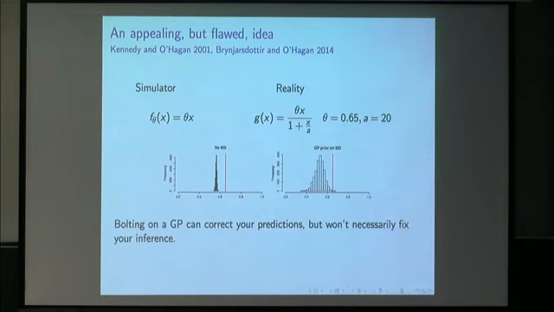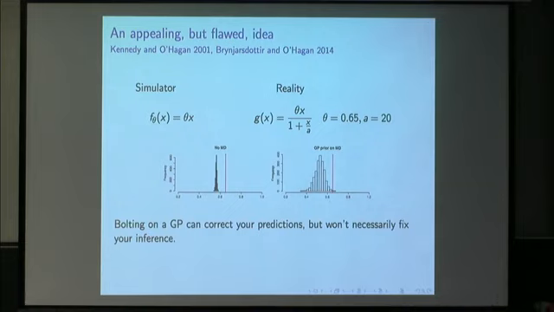The first thing they point out is that if you ignore model discrepancy here and just fit the simulated data, you get a really confident and wrong answer about what the true parameter value is. You do inference for theta, you learn theta is 0.5 something, and the true value is 0.6 something. You're confident and wrong.